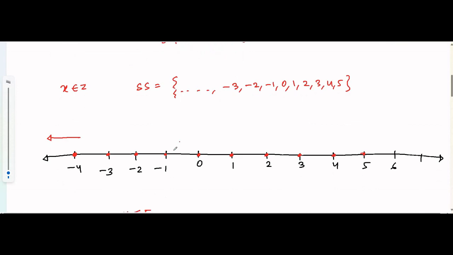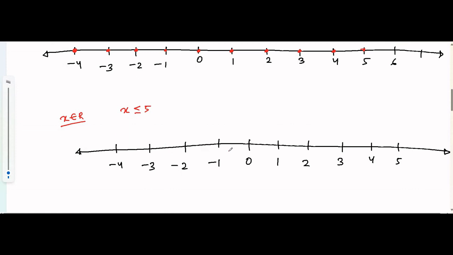Here 0 is applicable, -1 is applicable, but all the points in between 0 and -1 are not applicable. Similarly, 1 is applicable, 2 is applicable, but all the infinite number of points in between 1 and 2 are not applicable as solutions. But in case of real numbers, all the infinite number of points in between, the decimal values, the fractional values, are also applicable.